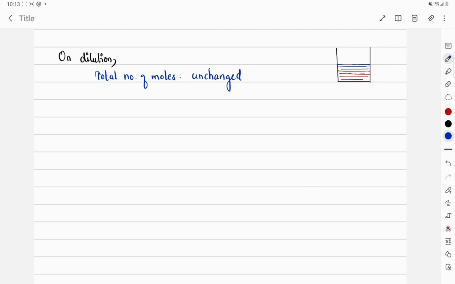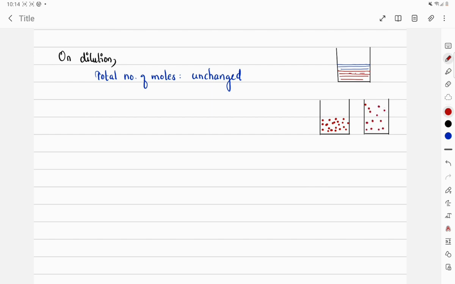But what happens to the number of moles per unit volume? If initially my volume was up to here, the total number of moles were concentrated into a small volume. But now my volume increased, say up to here, then the total number of moles will remain the same.